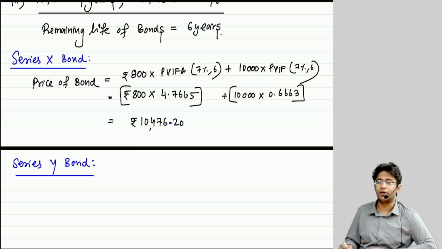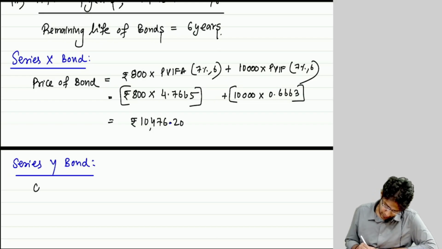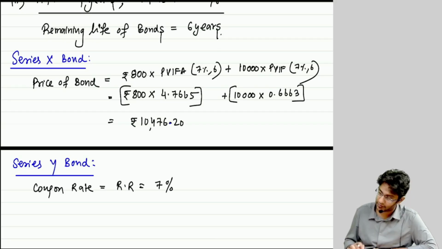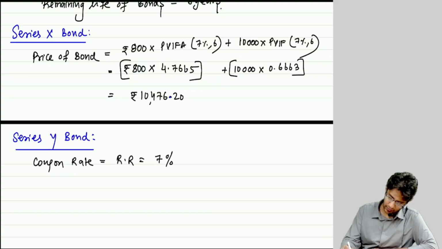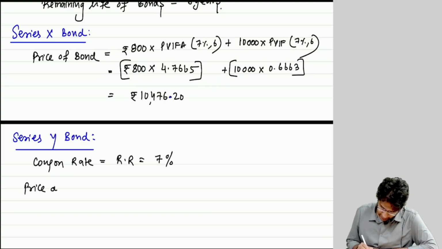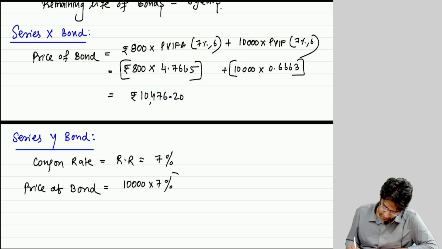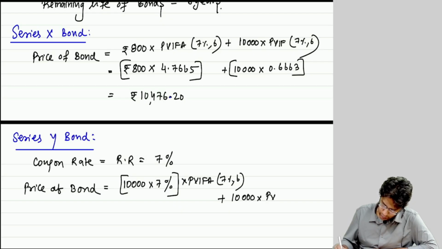Okay. Series Y bond. What's the coupon rate? It is equal to required return, equal to 7%. Price of the bond is equal to 10,000 face value into 7% coupon rate into PVIFA 7% up to 6 years, plus 10,000 into PVIF 7% 6th period.